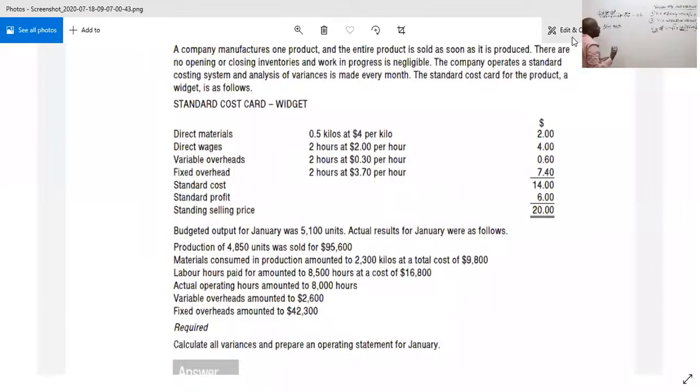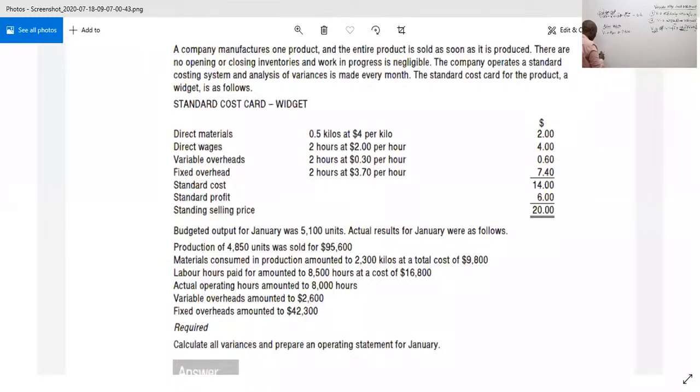Then of course for variances, I know I'll be subtracting this from the actual. The actual variable overheads, they have given us down there in the actual statement: variable overheads amounted to 2,600.